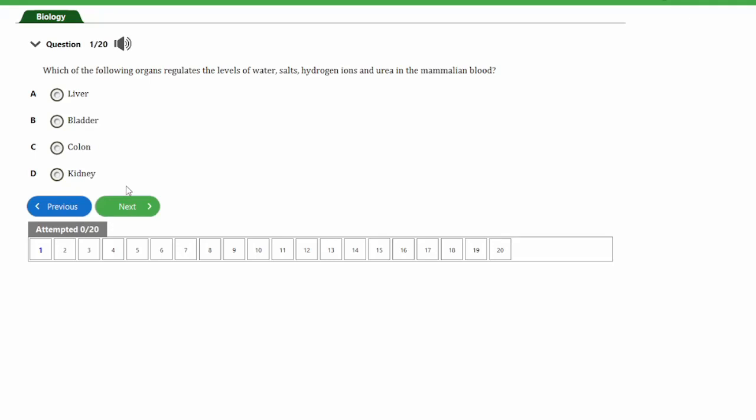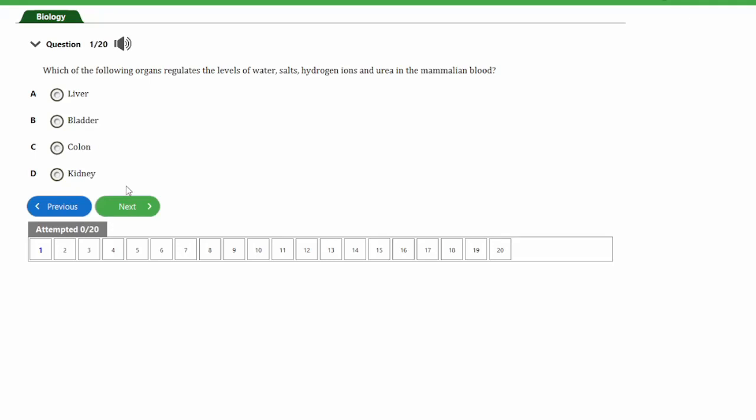It says, which of the following regulates the levels of water, salts, hydrogen ions, and urea in the mammalian blood? A. Liver. B. Bladder. C. Colon. D. Kidney. So guys, the answer to this question is kidney.